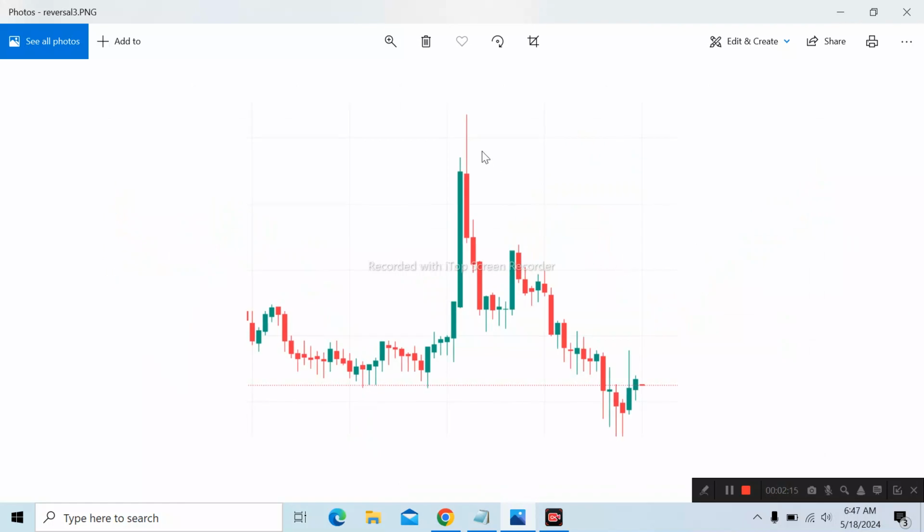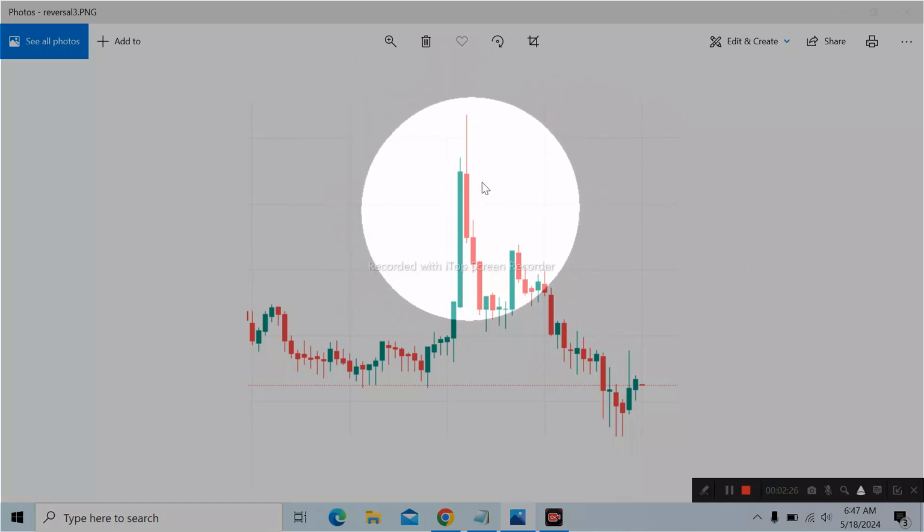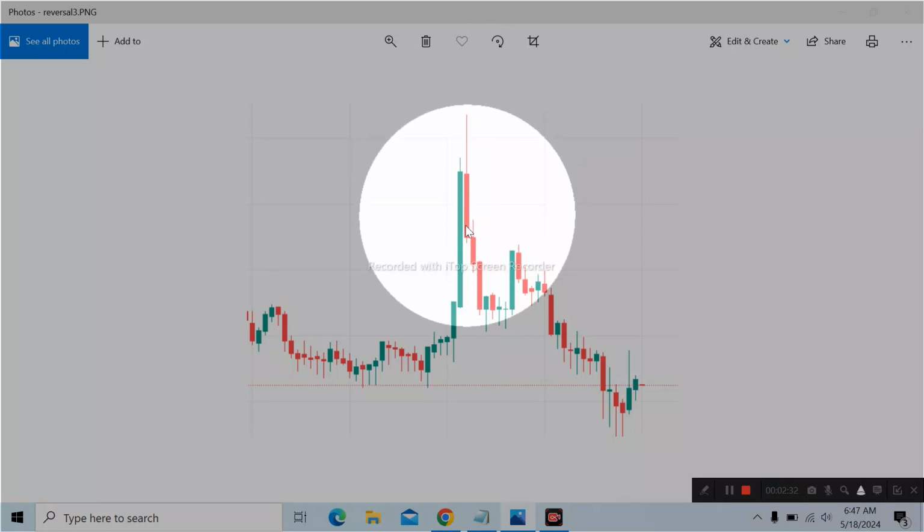Then guys, on this screen here again, I want to show you something. You can see this right here is a signature for a bearish reversal pattern.